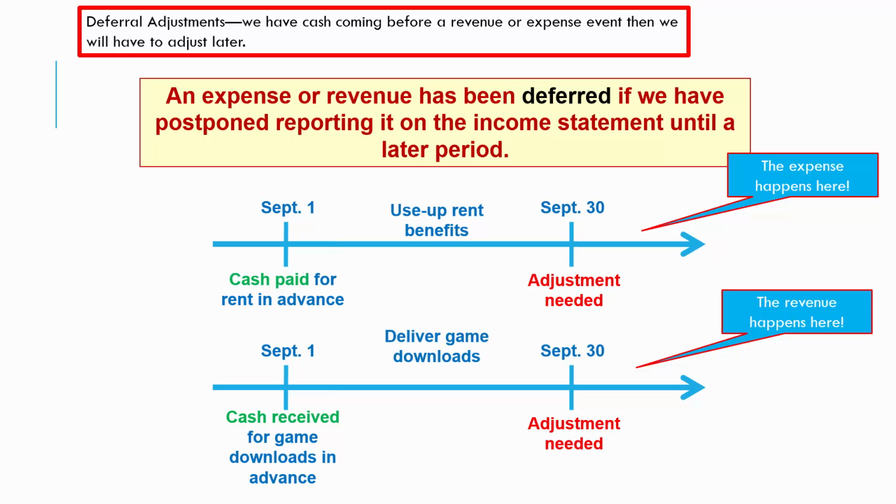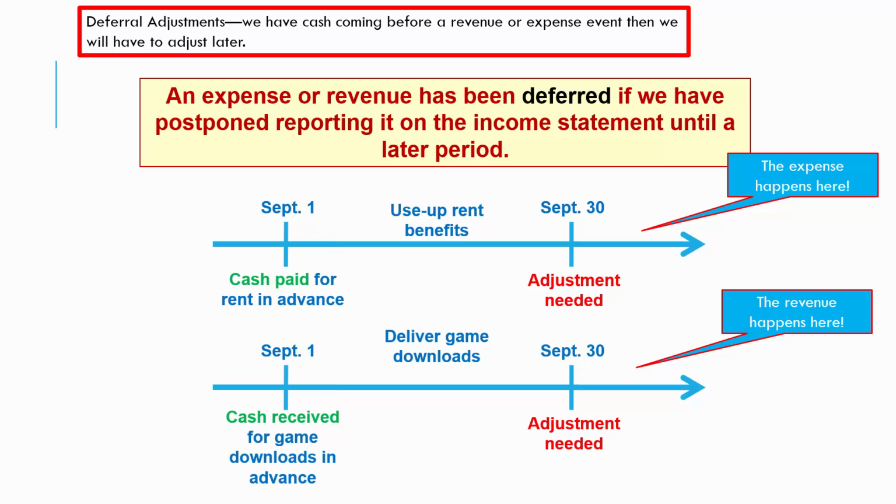Okay, so the first one is talking about expenses, and you are going to have a deferral here because your expense does not really occur until after the month of September, not at the beginning, but at the end, through September technically.